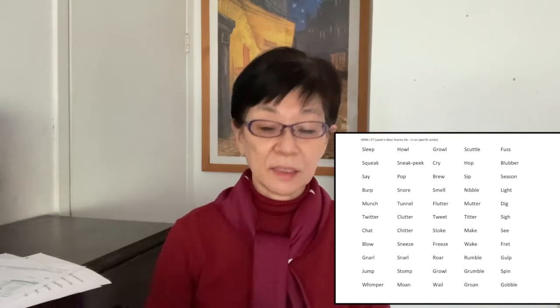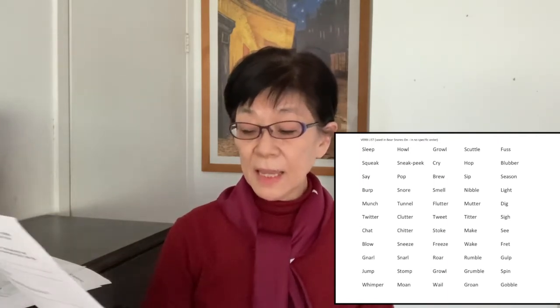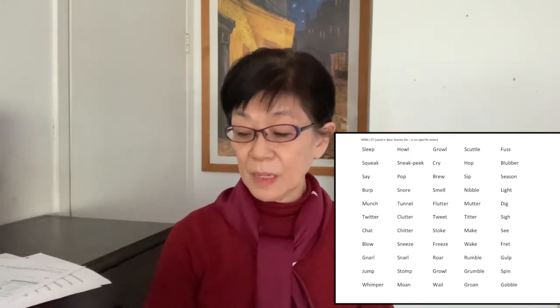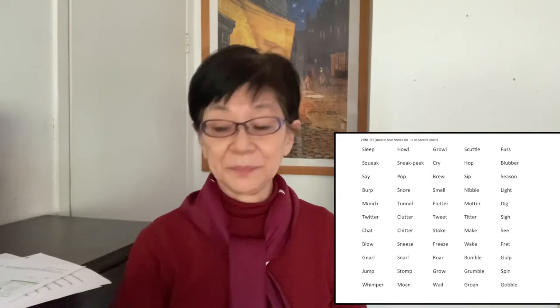Okay, let's try. Daniele, can you try scuttle? The spelling is, look at the board. There are so many words, but find scuttle, how you spell it. So scuttle. And Oksana, mutter, mutter. Kenji, flutter.